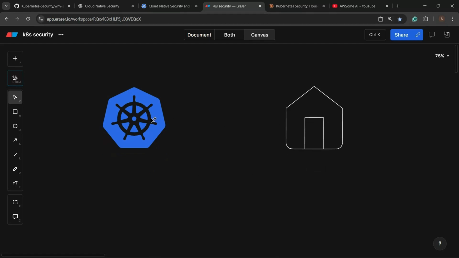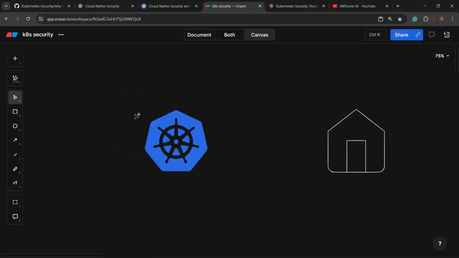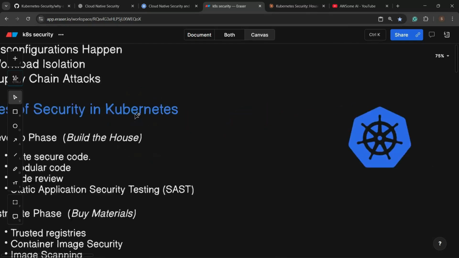If a thief enters any one node inside a cluster, he can enter any other node and then any other node. The same way he can destroy or hack our complete cluster. So this is why we need to understand that security matters.